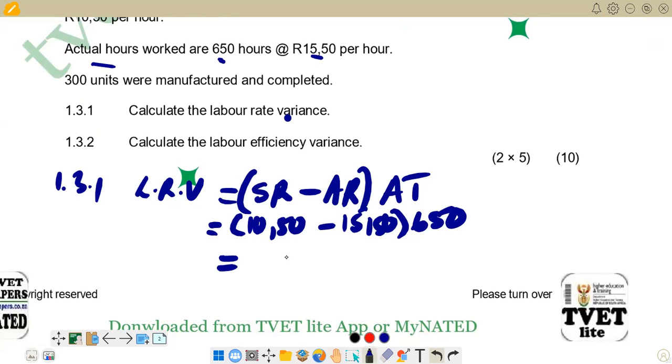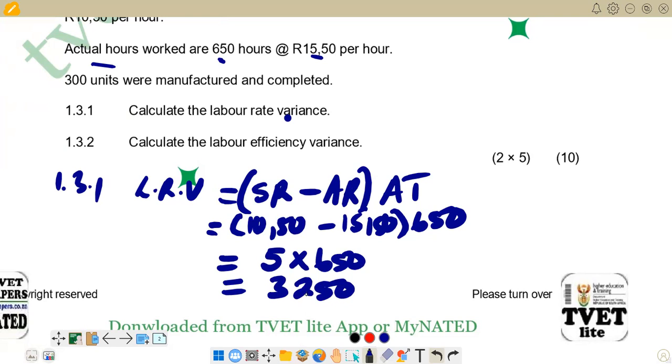If you subtract here, you are going to get 5. And then obviously, multiply by 650. When you multiply the two, you are supposed to get 3,250.